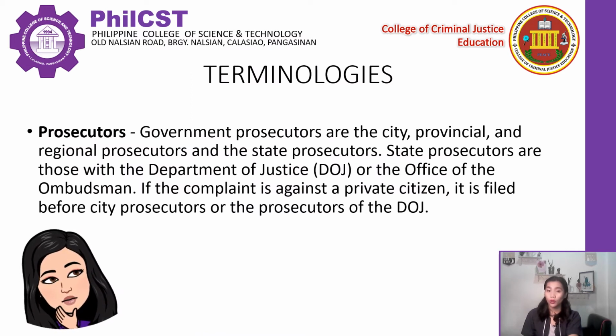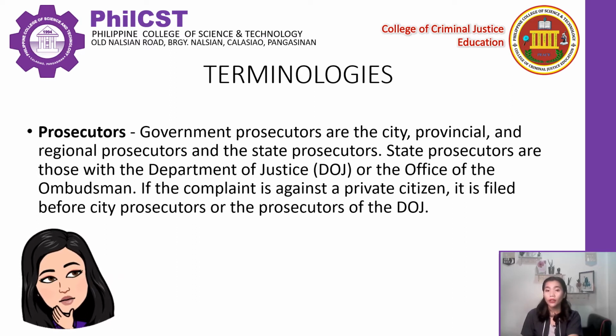Next, we have prosecutors. Government prosecutors are the city, provincial, and regional prosecutors, and the state prosecutors. So, state prosecutors are those with the Department of Justice or the Office of the Ombudsman. If the complaint is against a private citizen, it is filed before city prosecutors or the prosecutors of the DOJ.